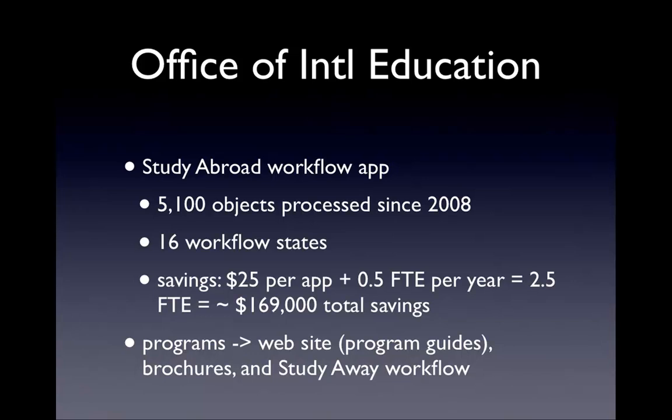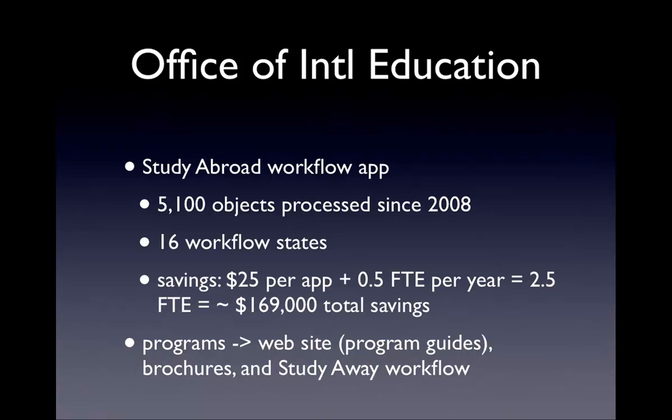So OIE has a study abroad application workflow, which we conservatively estimate over the last 5 years has saved about $170,000, probably closer to $200,000. This is the estimate from Genegraph.